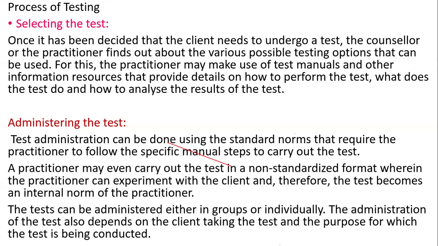Once it has been decided that the client needs to undergo a test, the counselor or practitioner finds out about the various possible testing options that can be used. Once they decide they need to do a test for this client, they think of the best test options, right? They have to study and analyze what kind of test they have to use for the client.